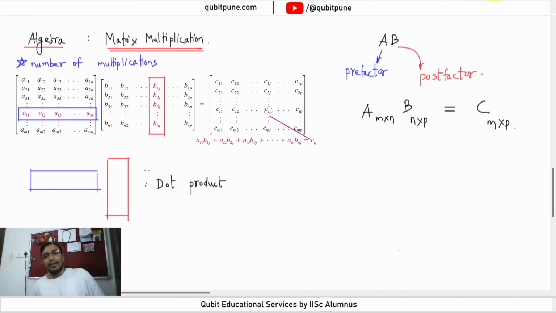I have one question for you now. In order to get an element of the product, let us say Cij, how many multiplications do we perform? Can anybody answer that question? To get Cij, how many multiplications are required?